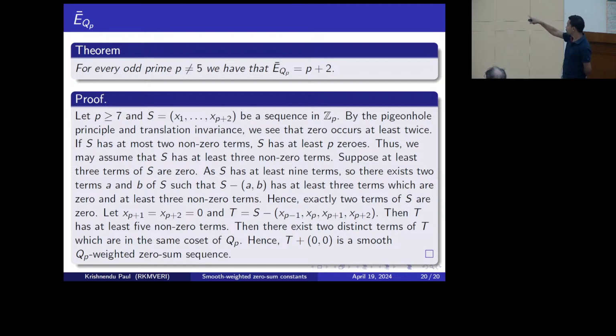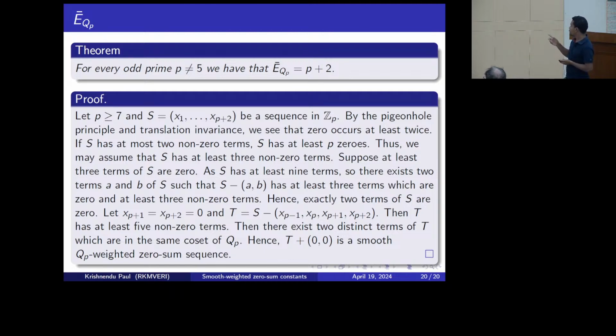The zeros are the last 2 terms only, so obviously the remaining ones are all non-zero, and the length of T is at least 5, so all the terms of T will be non-zero.